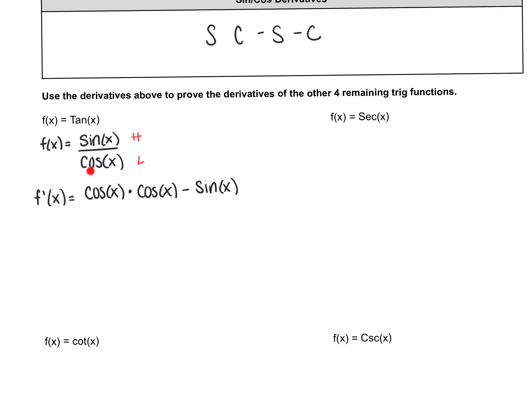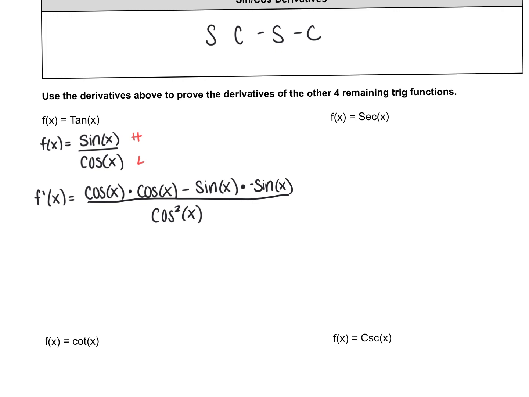The derivative of the cos is negative sine. So we're going to multiply this by a negative sign. Now that multiplication dot needs to be there, otherwise it looks like you're doing sine minus sine. And this is all over low squared. So cos squared of x. So let's simplify this.